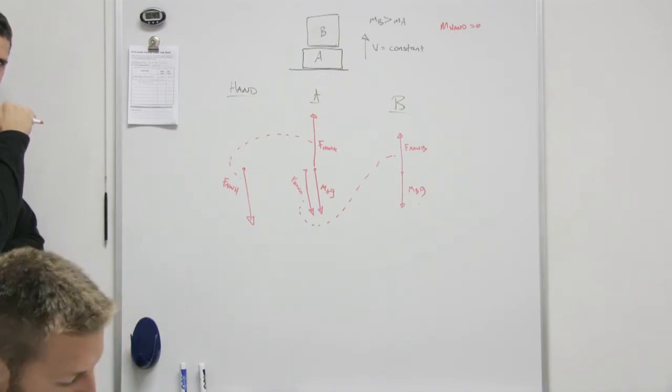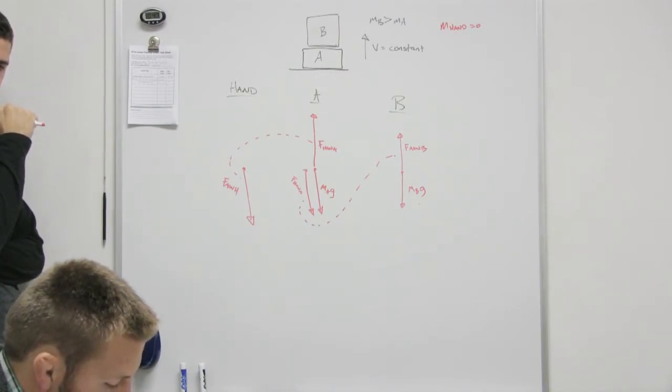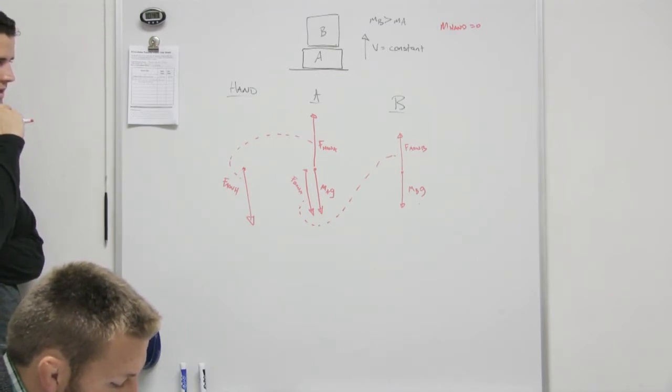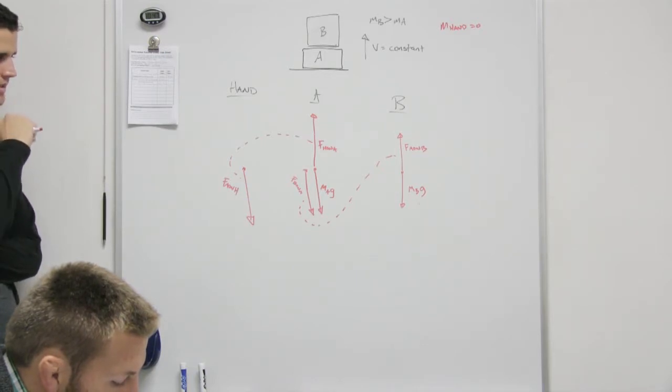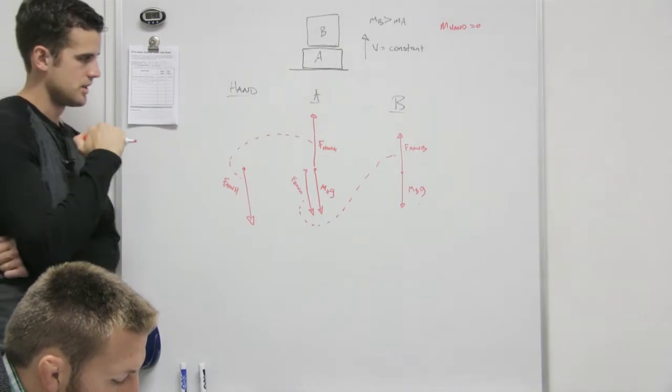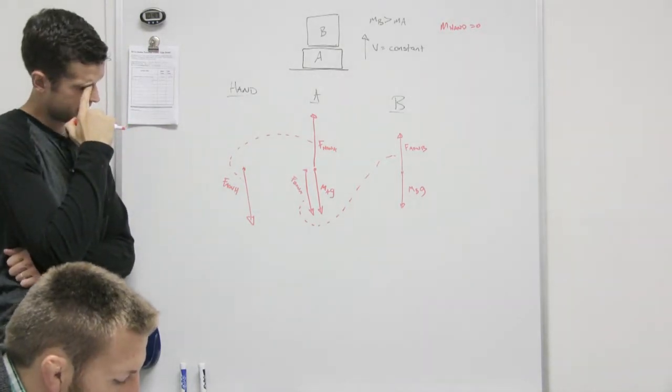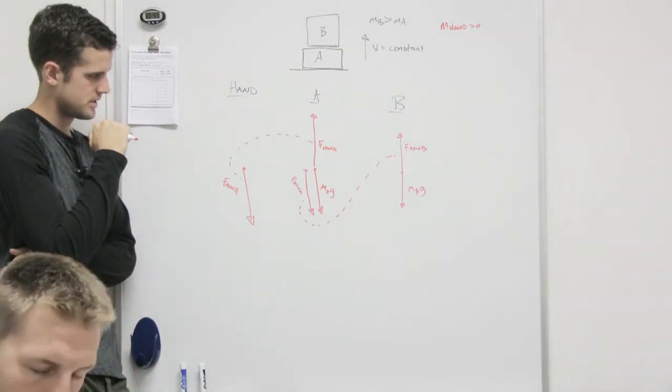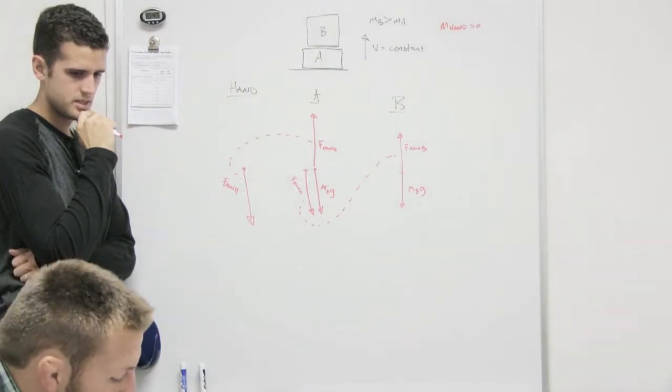Now, order largest to smallest. It's going up at constant speed, so they all equal each other. Is that right? Yeah. But for FB on A, would that be the same then?